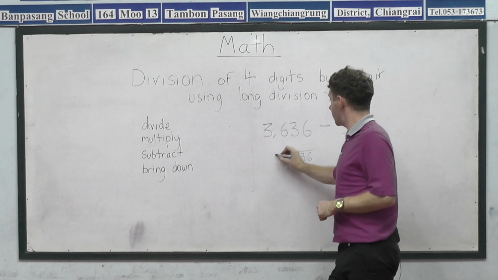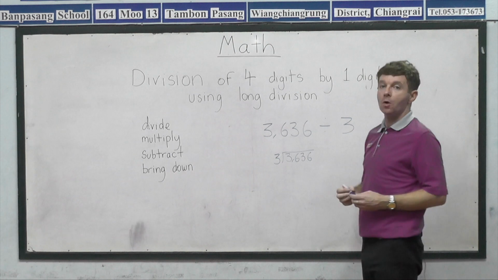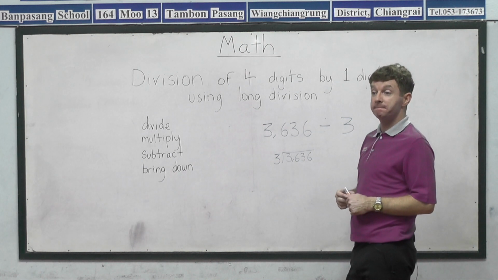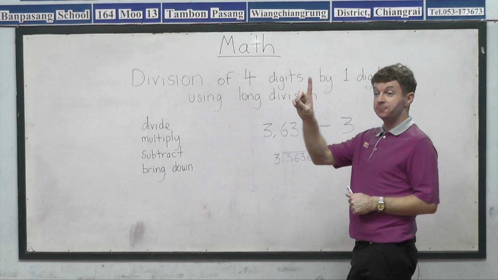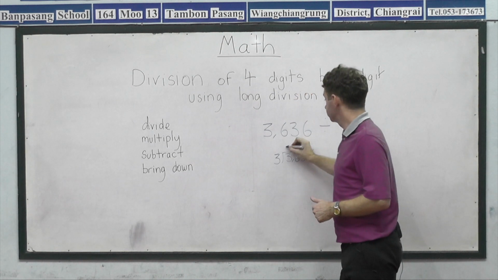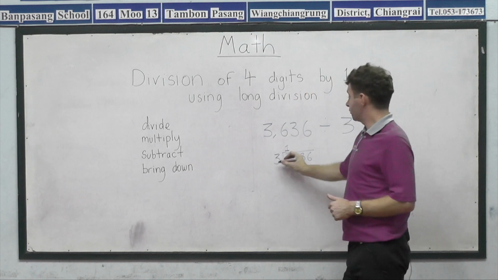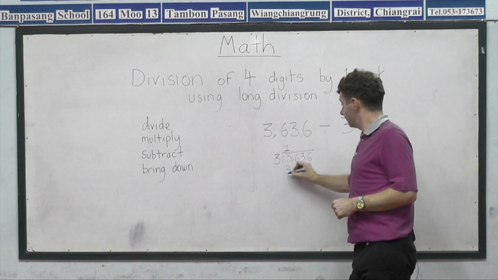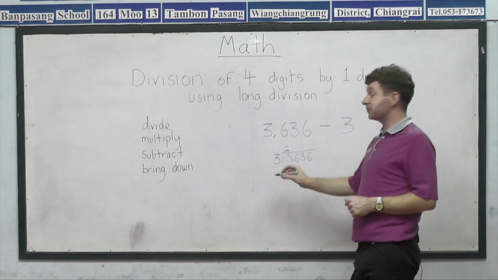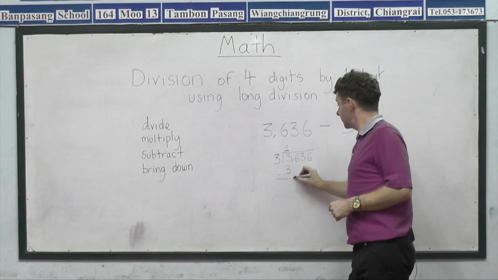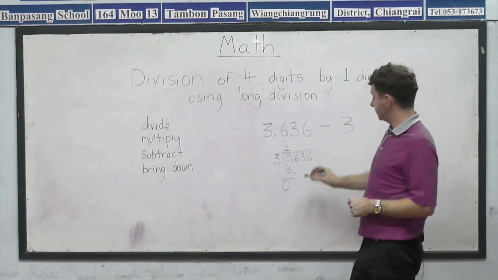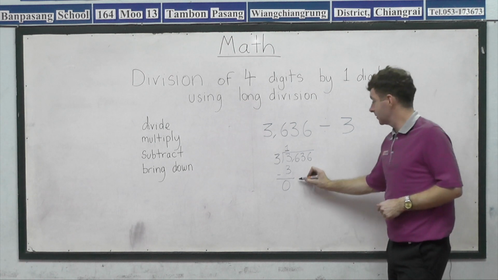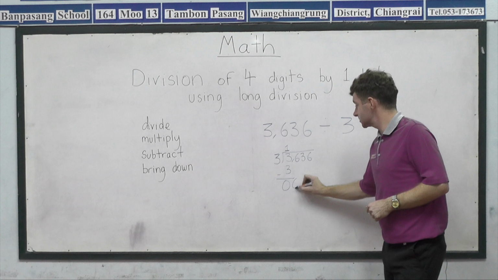So first thing I need to do is my division table. Okay, so step 1, 3 divided by 3 is 1. 3 times 1 equals 3. Subtract: 3 minus 3 equals 0. Excellent. So now we're ready to bring down number 6.